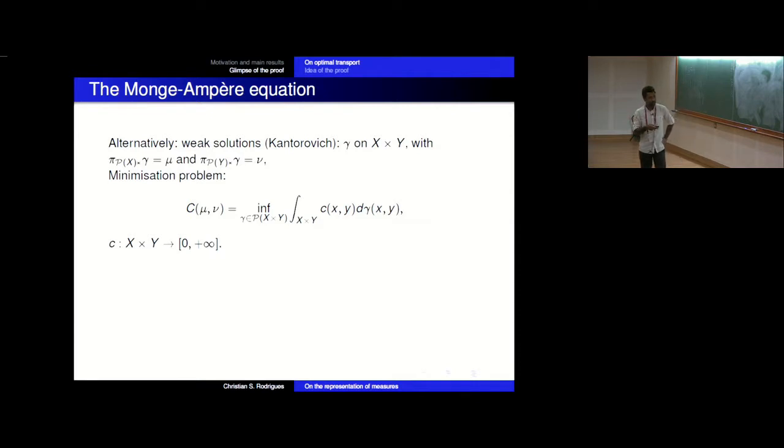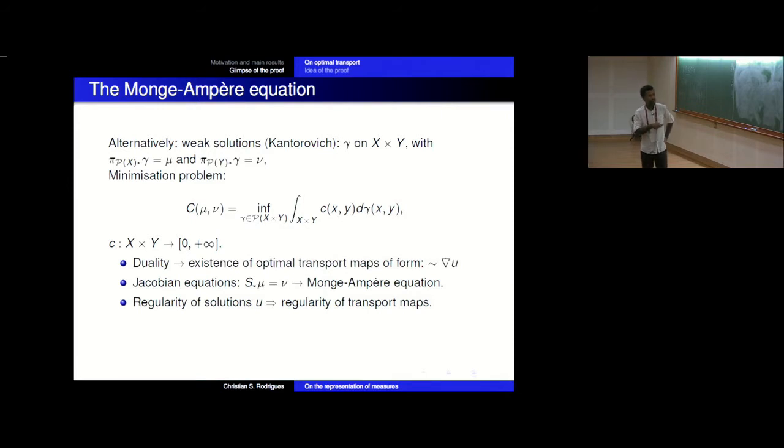And actually, going through some chapters of the book of Villani, for example, what you see is that this dual formulation leads you to the existence of maps that can transport one measure into the other, and these maps are given in terms of the gradient of some function, which I will not be more precise about here, but they are well defined.